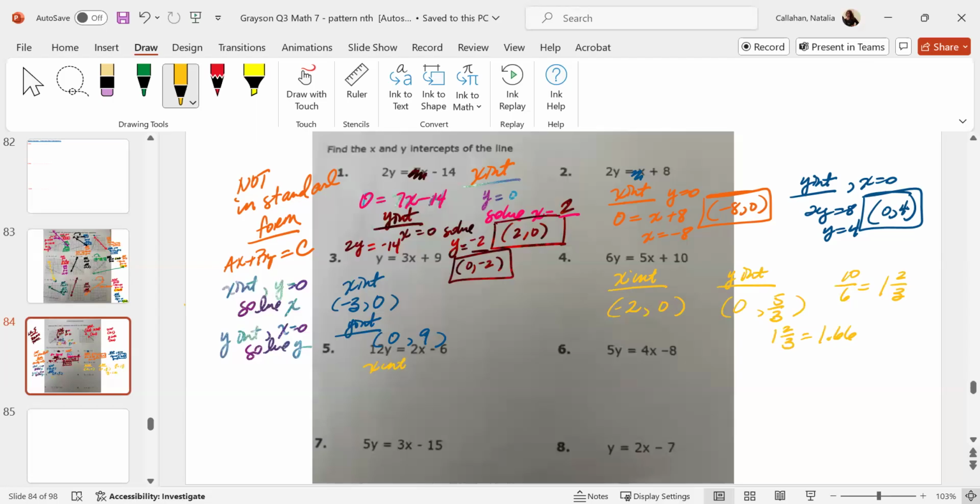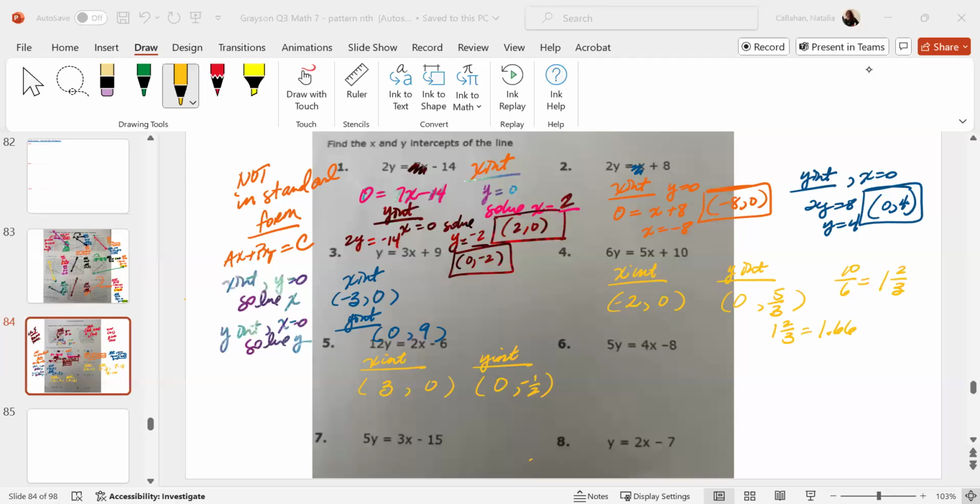All right. X-intercept for number 5. What is it? Good. What's the y-intercept? All right, so what is your x-intercept for number 6?